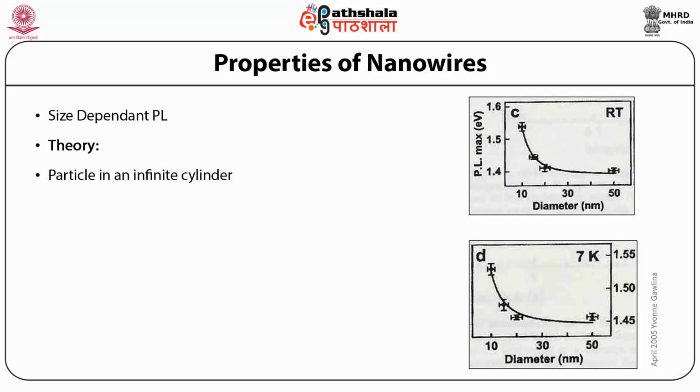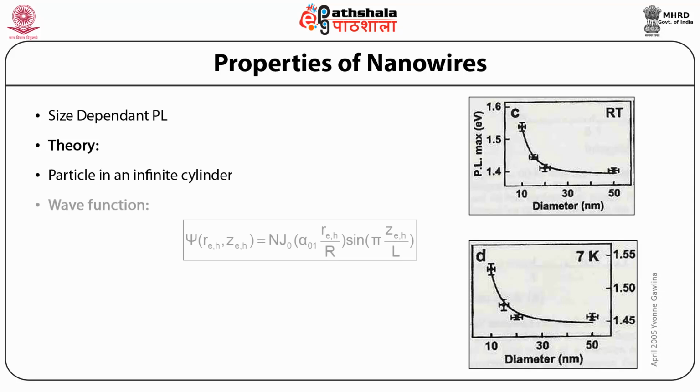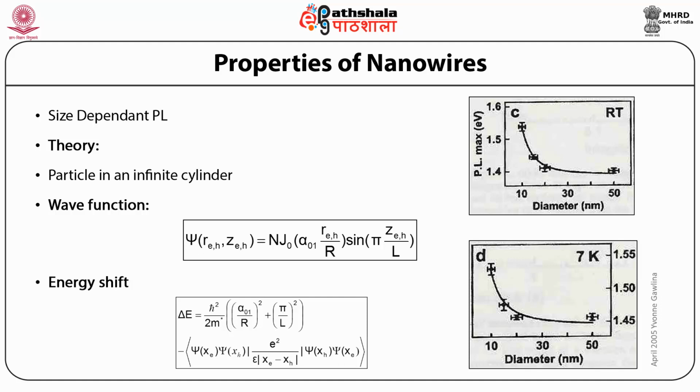Now if we consider a particle in an infinite cylinder, then its wave function can be depicted as psi of r_eh, z_eh equal to N J0 of alpha_01 r_eh by R multiplied by sine of pi z_eh by L. And the energy shift is given by delta E equal to h cut square by 2m star multiplied by alpha_01 by R the whole square plus pi by L the whole square, minus the expectation value of psi x_e psi x_h e square by epsilon (x_e minus x_h) psi x_h psi x_e.